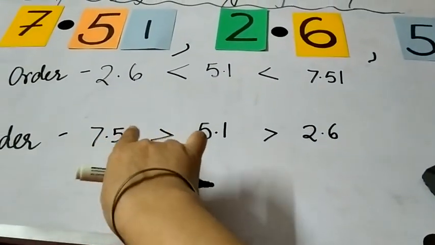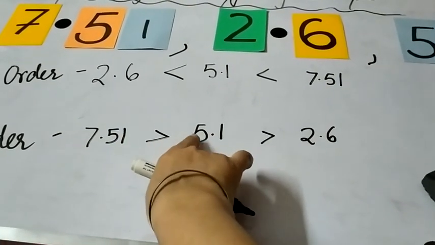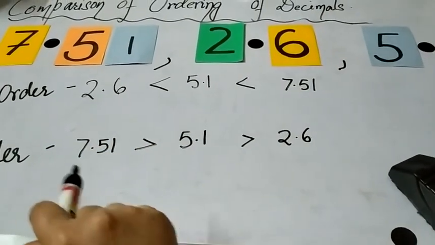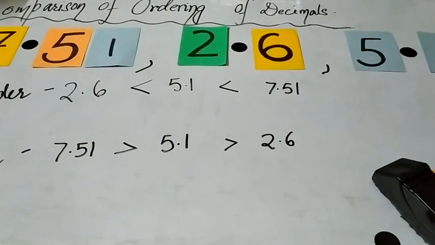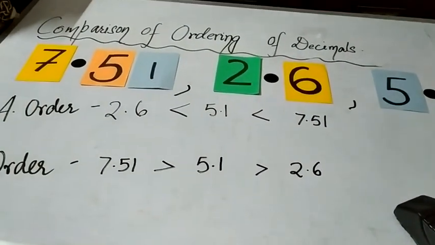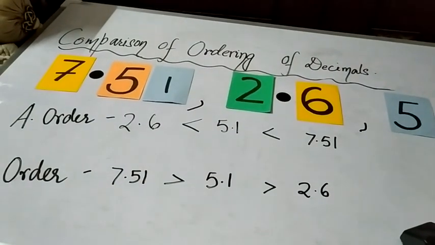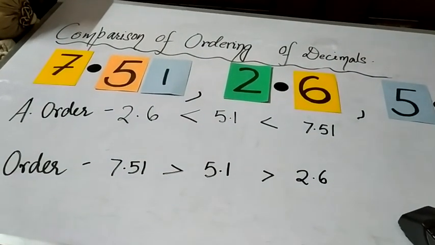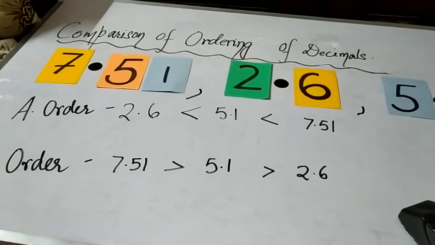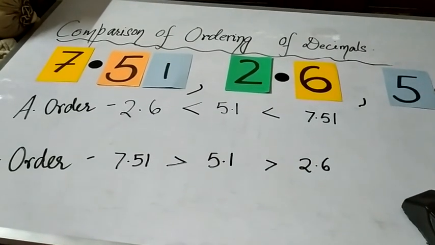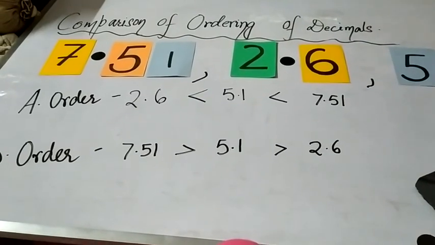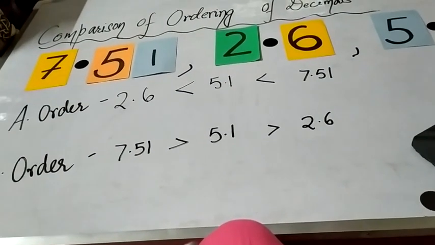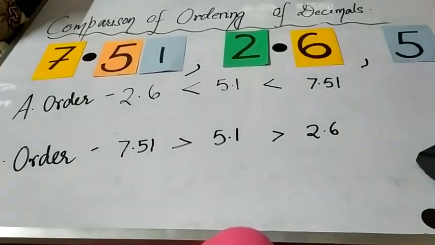Now leave enough space before and after the sign. If you see, the numbers are clearly visible with the signs, and sometimes you write very close because you think you won't be able to complete it in one line. It doesn't matter, beta, you can take a second line, third line, 4 lines, but present your work in a neat way. Now let's take another number.